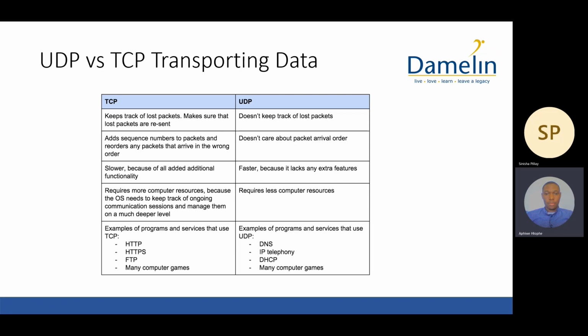You are doing a call on Skype, and something like a video conferencing application would make use of UDP, because in terms of a video call, it doesn't really matter if you lose a couple of frames. Okay, yes, if the network drops, you're going to start to experience lags and stuff like that. But it doesn't really matter. It won't really damage anything.